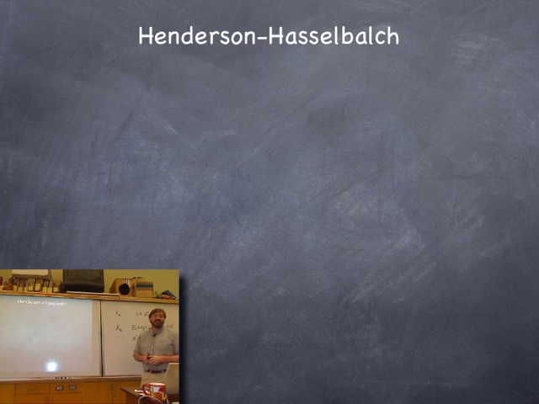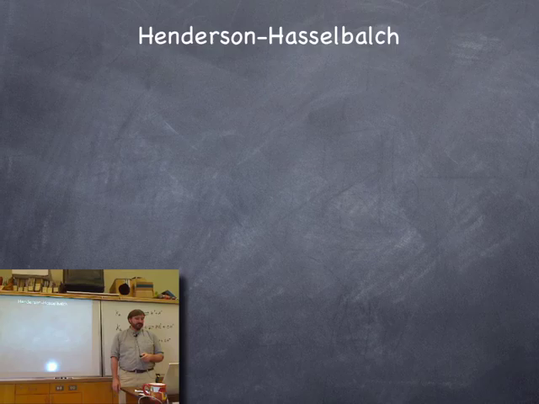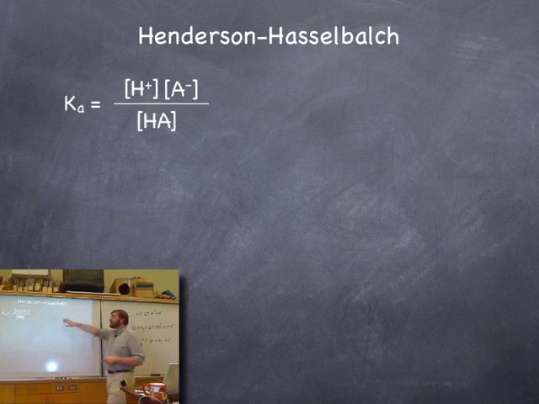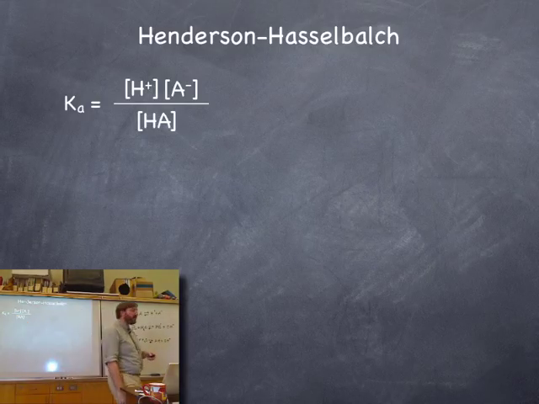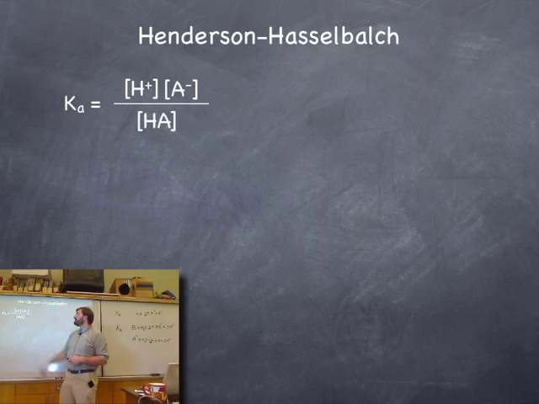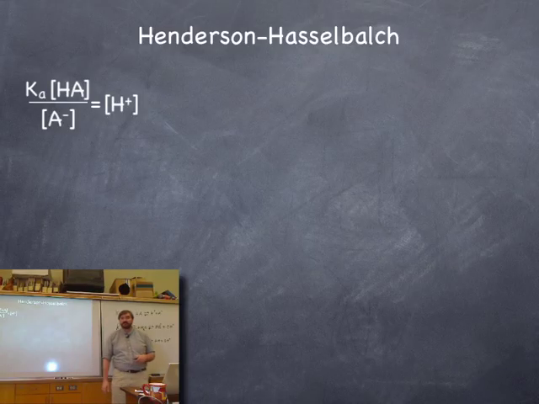That's called the Henderson-Hasselbalch equation. So, here's our equilibrium expression. This is basically what we solve each time. What do we almost always solve for in this problem? We're almost always looking for H plus, so let's rearrange this to solve for H plus.